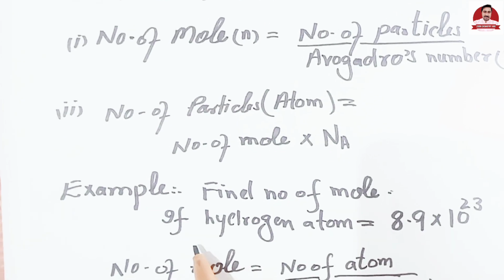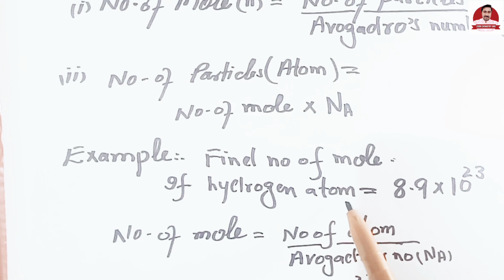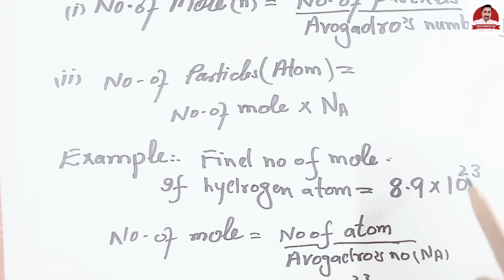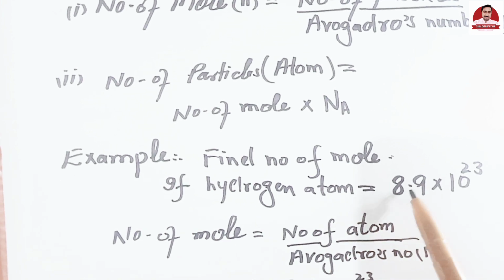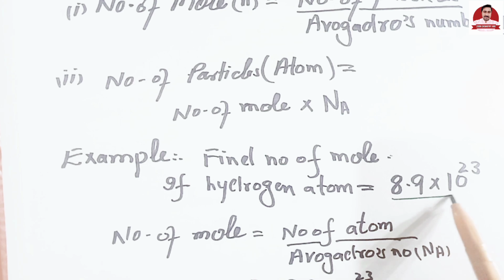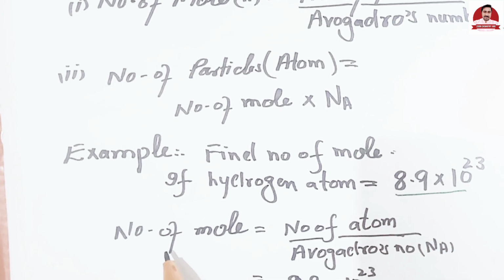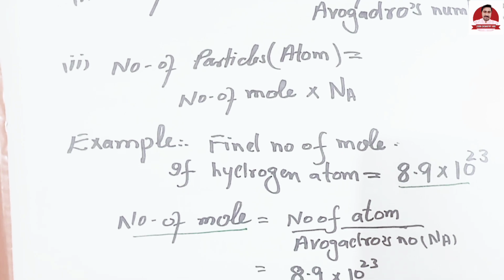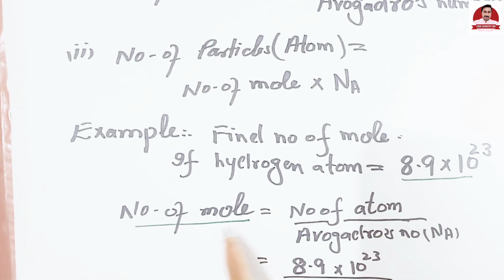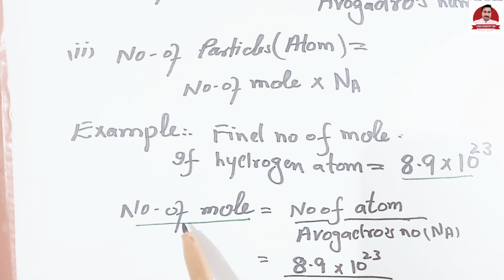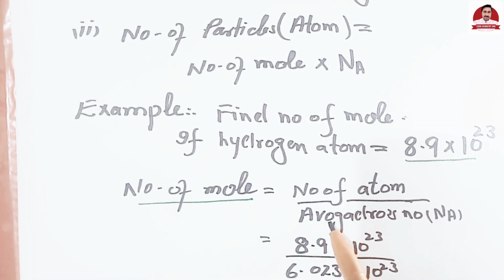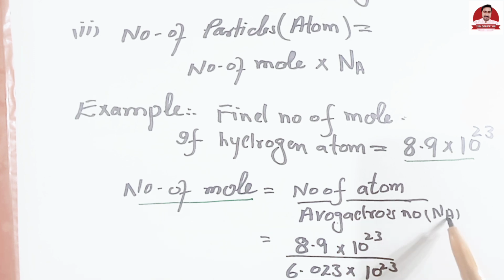So if hydrogen atoms are 8.9 multiplied by 10 raised to the power 23 atoms, then how can we find the number of moles from these atoms? So we put the formula: number of moles is equal to the number of atoms divided by Avogadro's number.